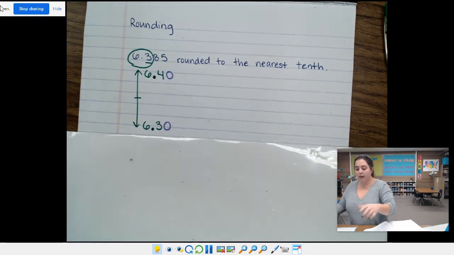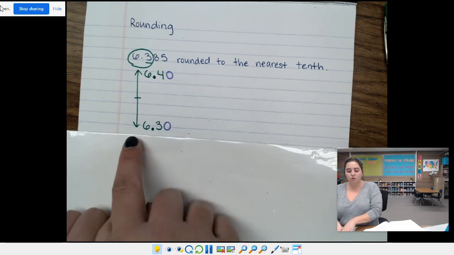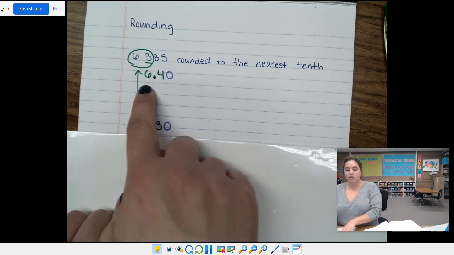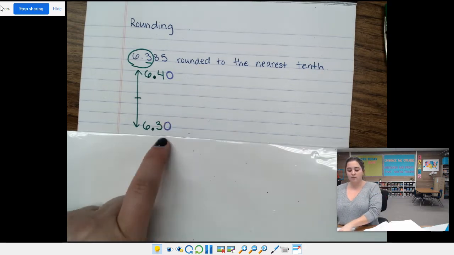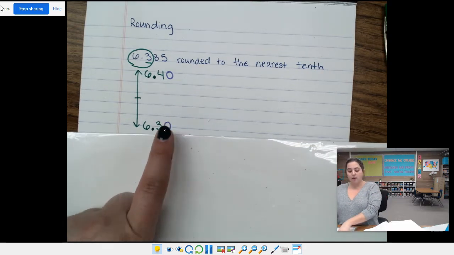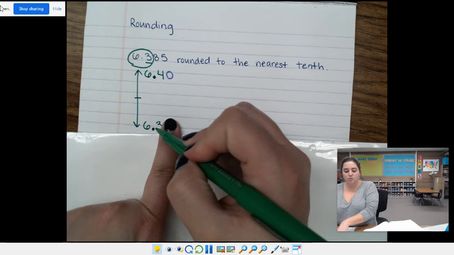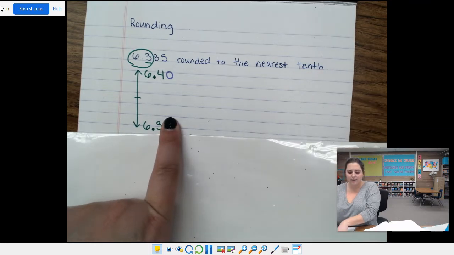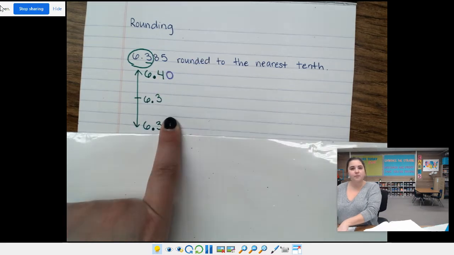So one strategy to figure out what's in the middle, add a 0 and then figure out what's in between 630 and 640. The other strategy, here's what I like to do. Here's what I'm doing in my head. I'm going to ignore that 0, pretend I never wrote it. My original number was 6.3. I'm going to rewrite that exact same number, 6.3.